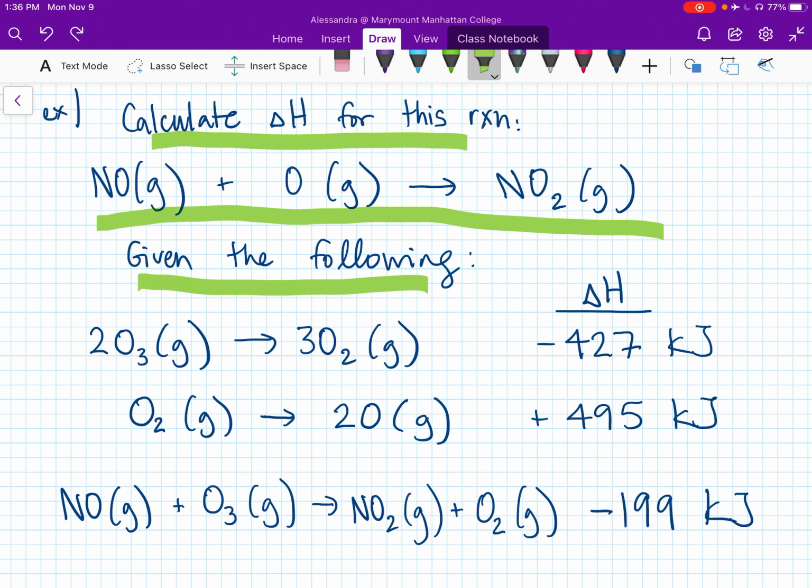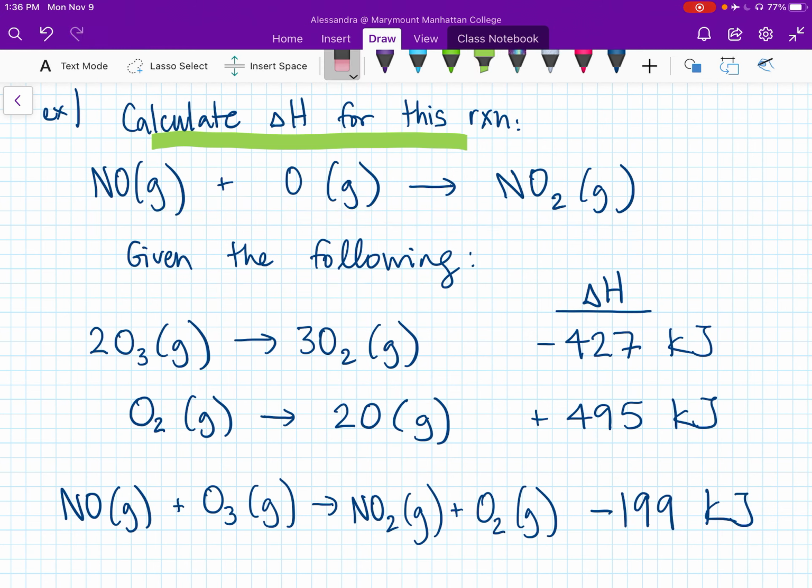In the second reaction, we have oxygen splitting apart into two oxygen atoms, and that requires an energy input of 495 kilojoules. Okay, so given all of that information, can we calculate delta H for this desired reaction here?